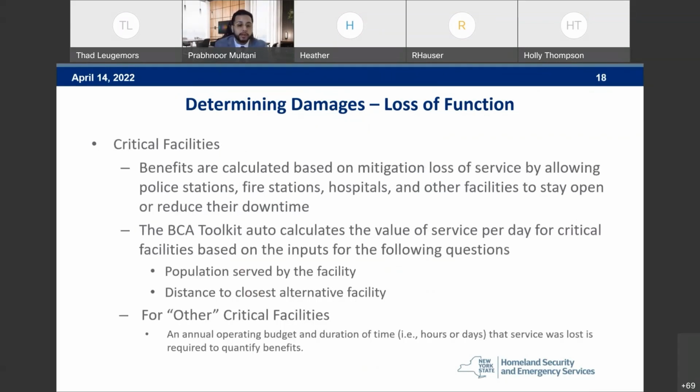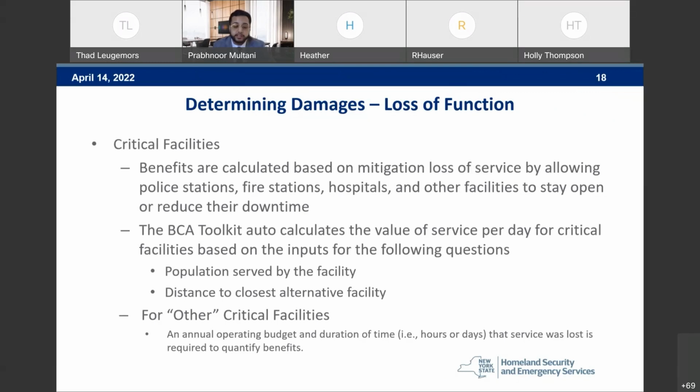Critical facilities. Benefits are calculated based on mitigating loss of service by allowing police stations, fire stations, hospitals, and other facilities to stay open or reduce their downtime. Now, the benefit cost analysis toolkit or calculator auto-calculates the value of service per day for critical facilities based on the inputs for the following questions. What is the population served by the facility?